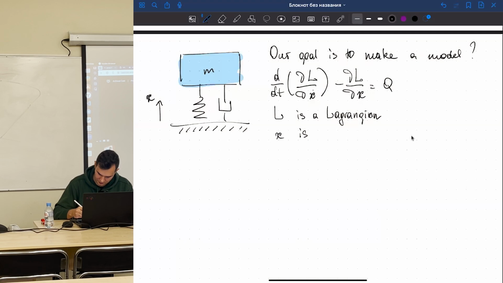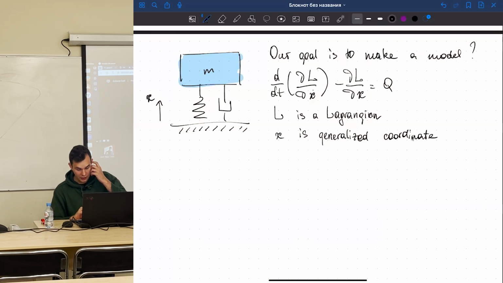X is the generalized coordinate. Can you give a description? What does generalized coordinate mean? There's no constraint between them, they are independent. Any details?